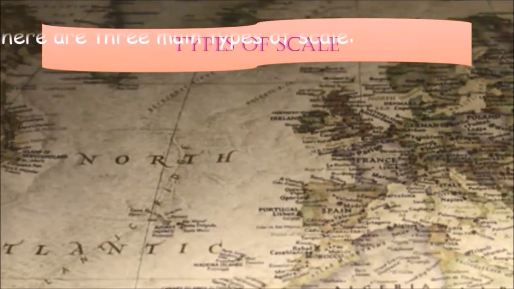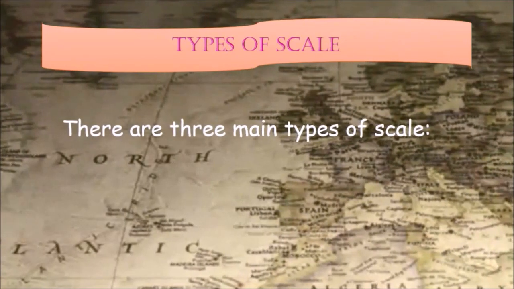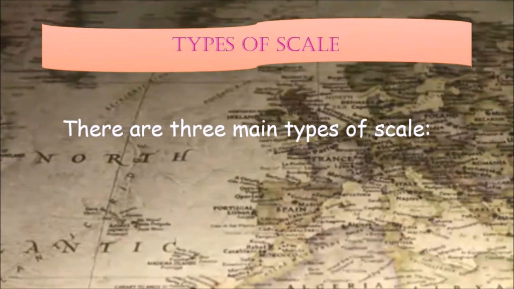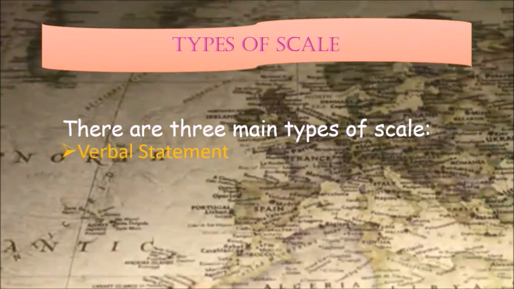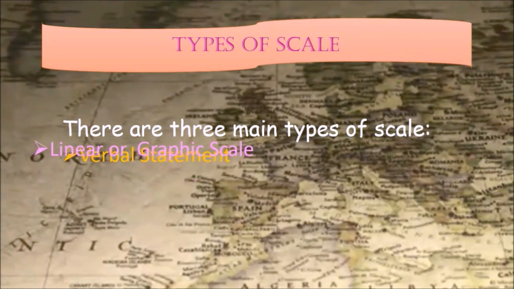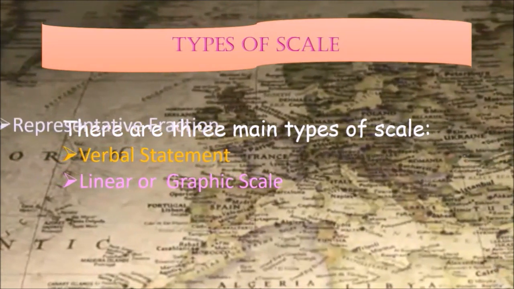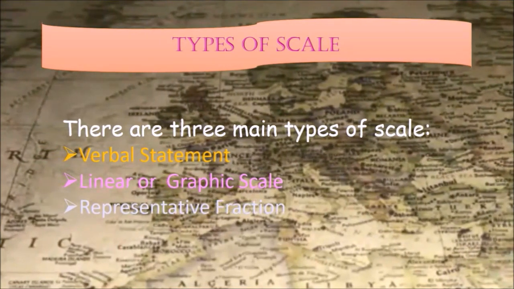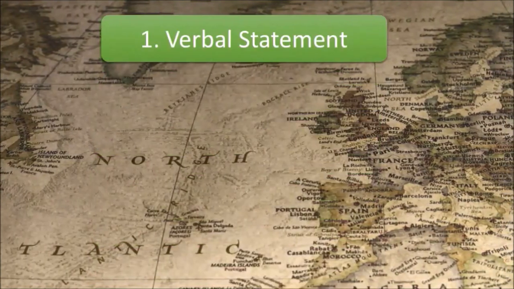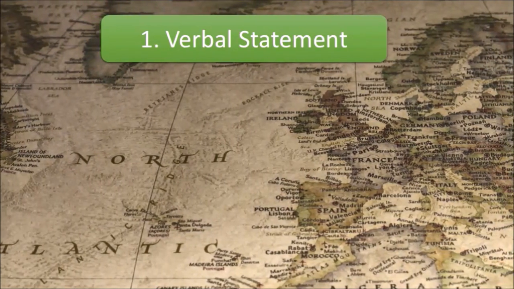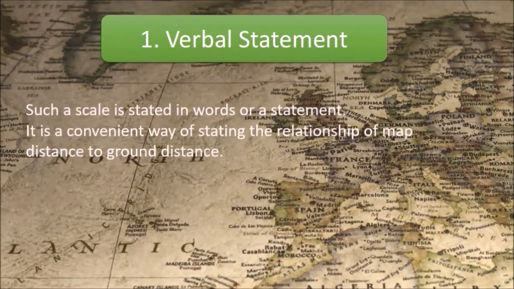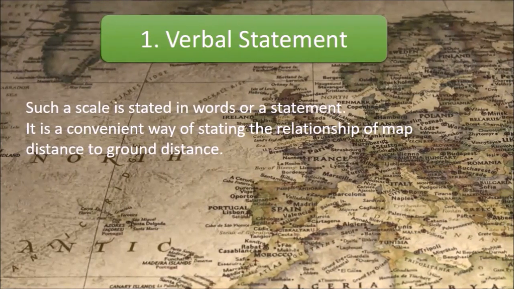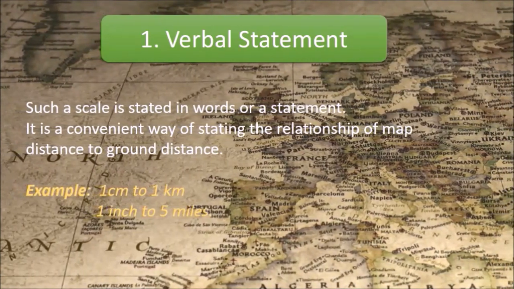Types of scale. There are three main types of scale. They are verbal statement, linear or graphic scale, and representative fraction. Now let's study about it in detail. First, the verbal statement. Such a scale is stated in words or a statement.